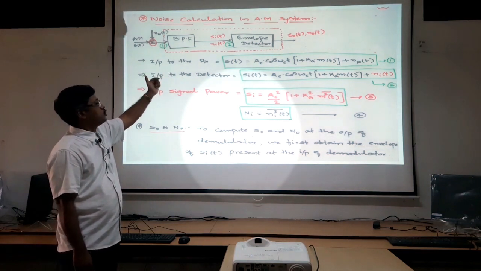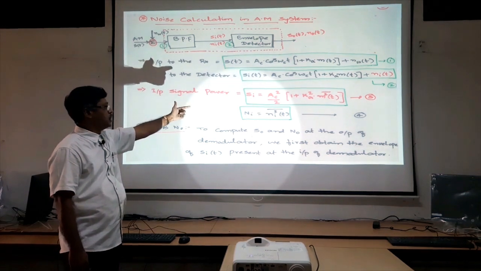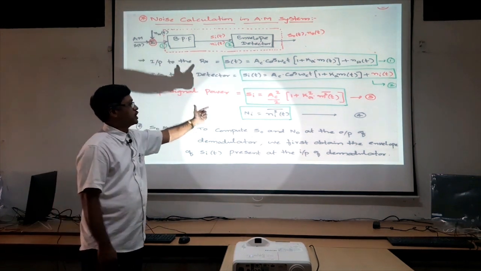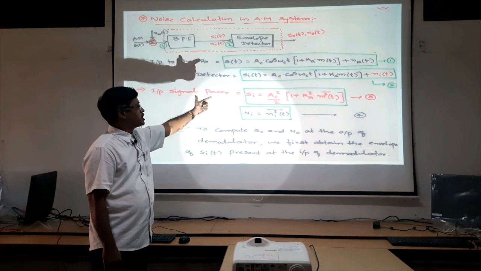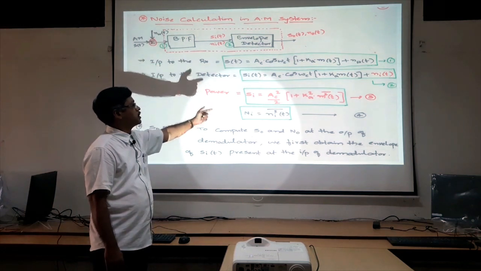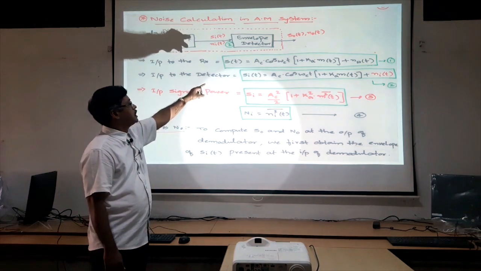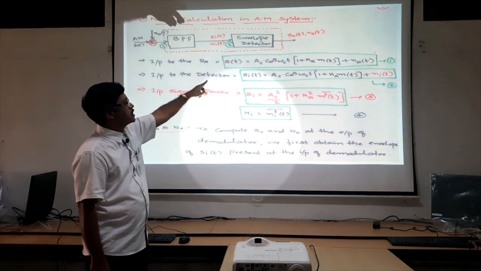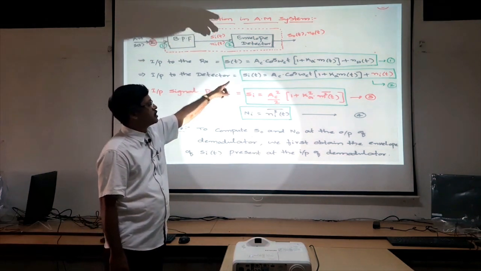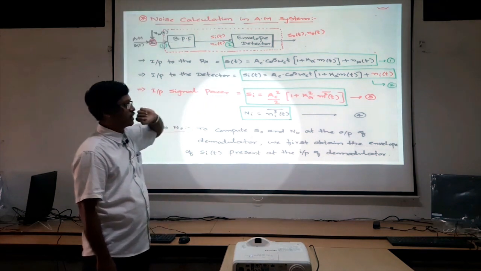Now from these two parameters I am trying to calculate the input signal power and input noise power. Before obtaining them, let us focus on the input signal along with the noise. The signal here is the amplitude modulated signal, defined as Ac cos(omega_c t) into (1 + ka m(t)).